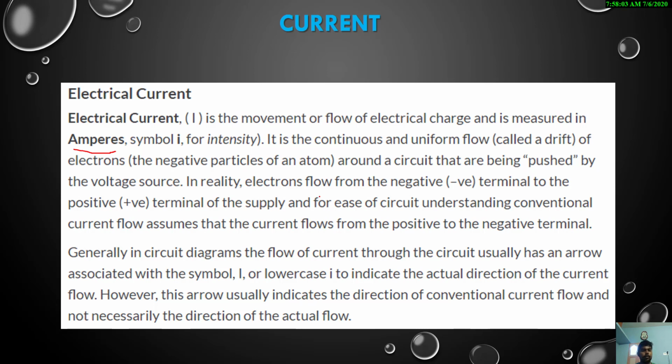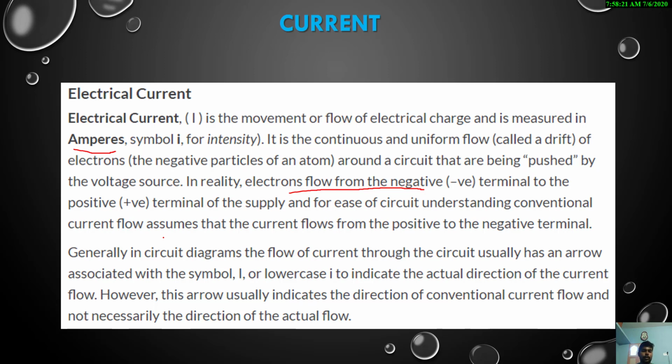In reality, the electrons flow from the negative terminal to the positive terminal of the supply. In circuit understanding, conventional current flow assumes the current flows from the positive to the negative terminal.